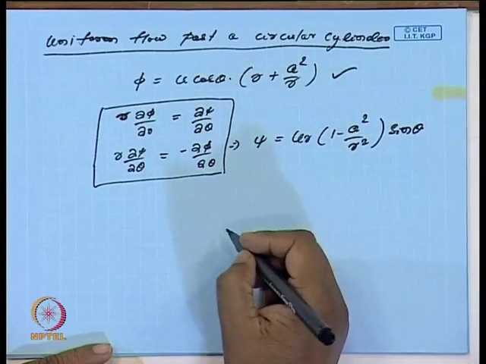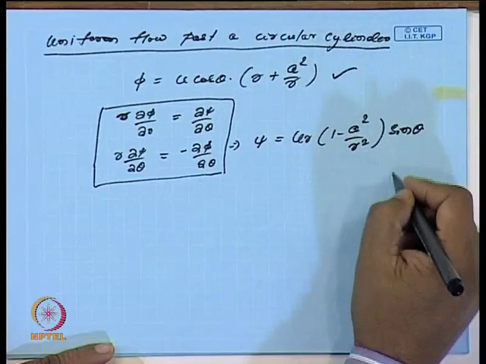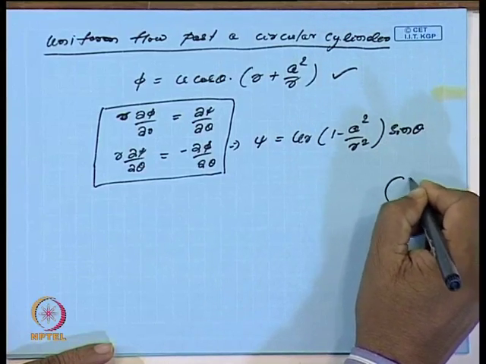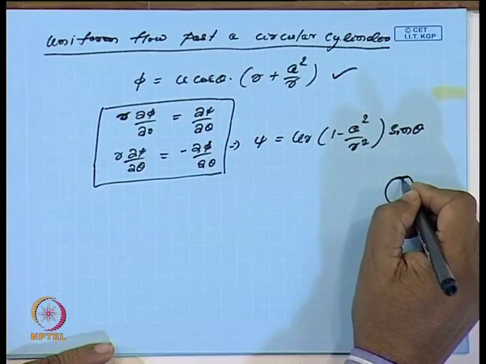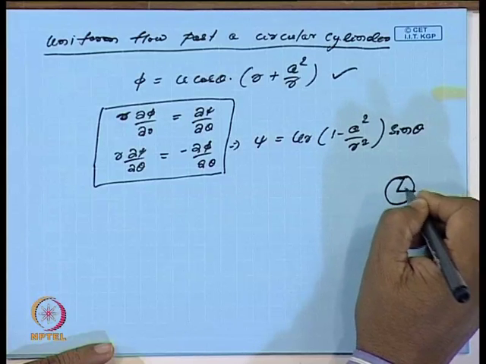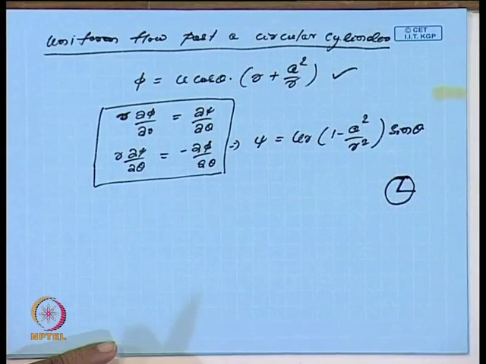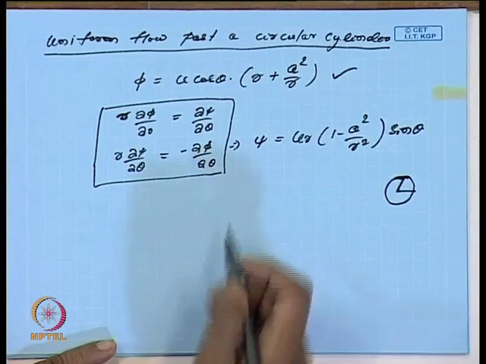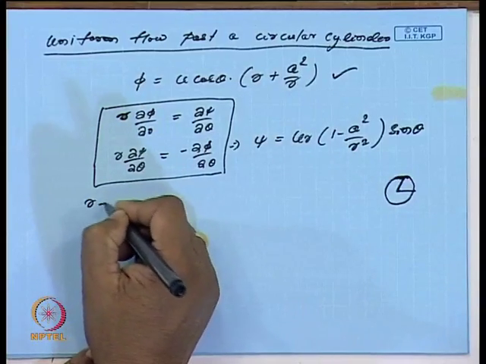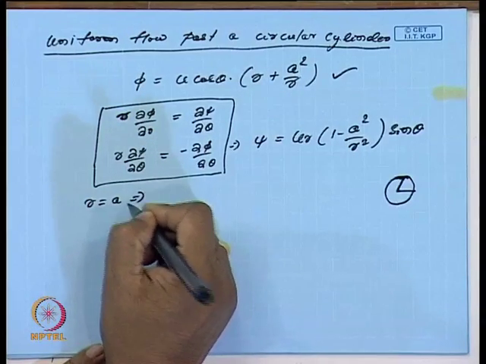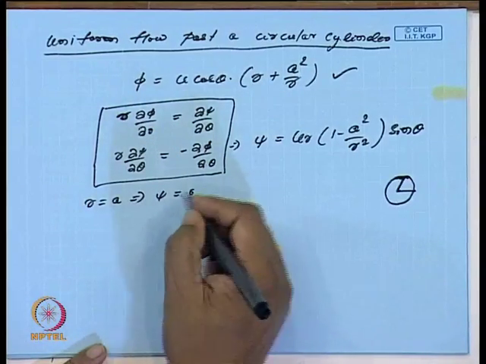Where r is, if I have a cylinder, the radius of the circle, a uniform cylinder whose axis is along the z axis. Now, if psi is this, what will happen? If r is equal to a, psi is equal to 0, which is a constant.